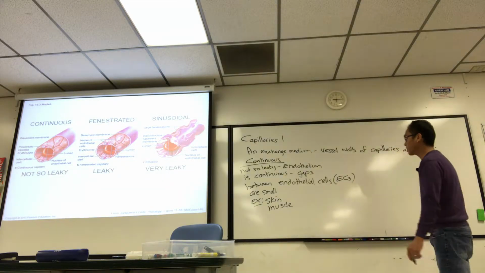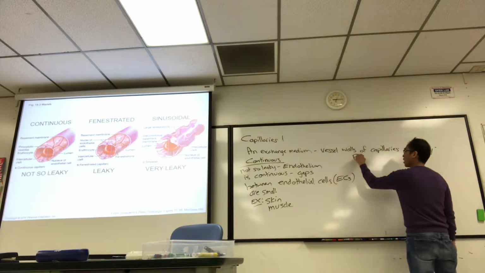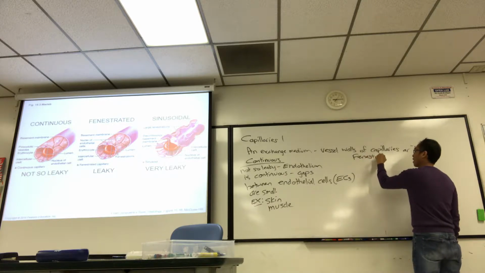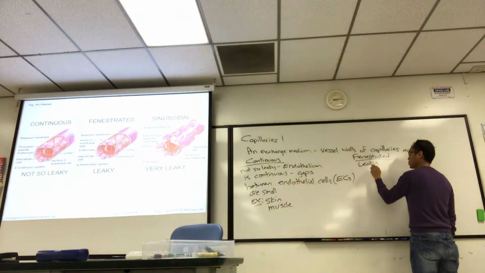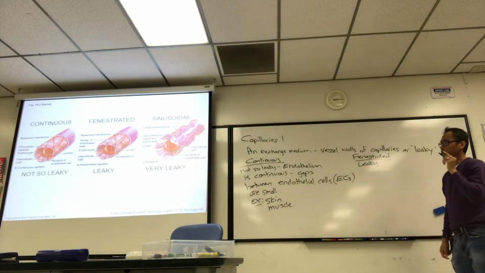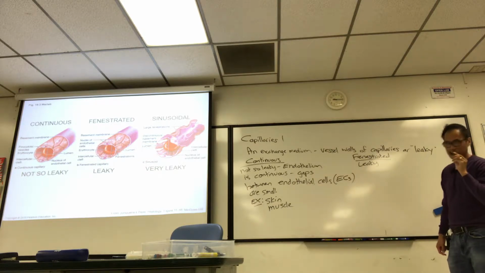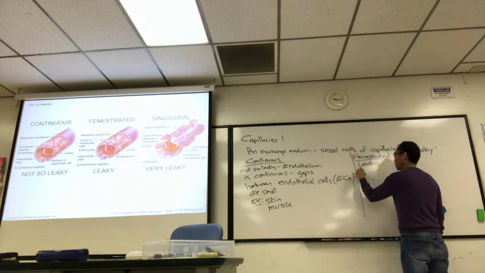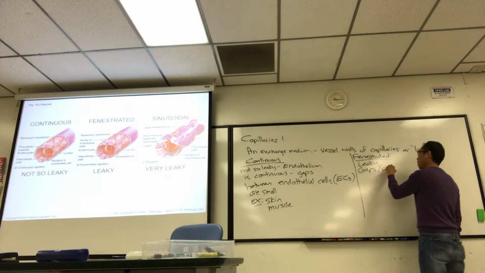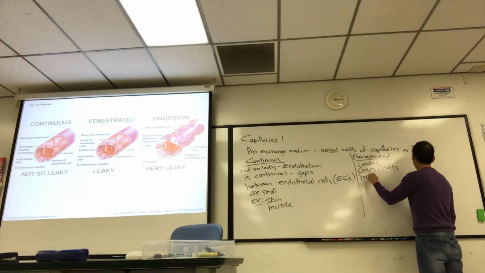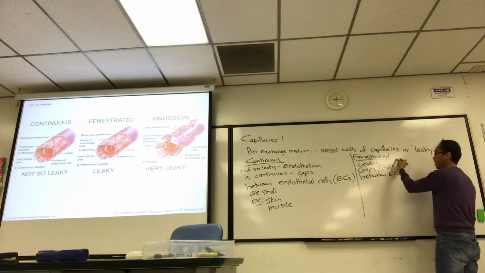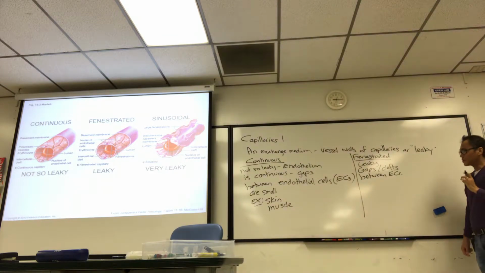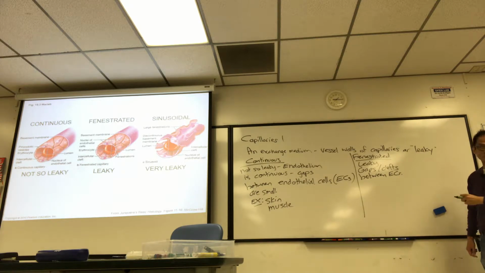The middle category, the fenestrated, I say are just leaky. Usually how they're described is they're not continuous. You see gaps and clefts between ECs. And fenestrated means the endothelial cells themselves have holes in them, and you can even see holes peppered in the surface of the cells.